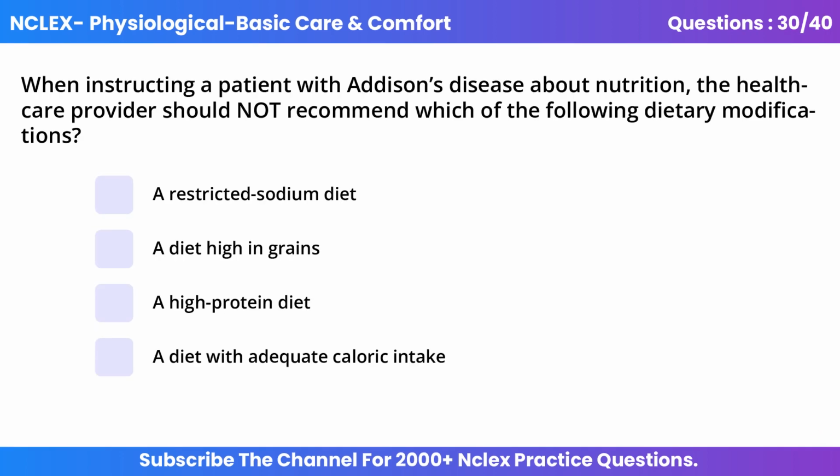Question 30. When instructing a patient with Addison's disease about nutrition, the healthcare provider should not recommend which of the following dietary modifications? A. A restricted sodium diet.